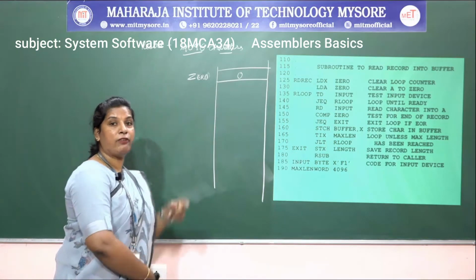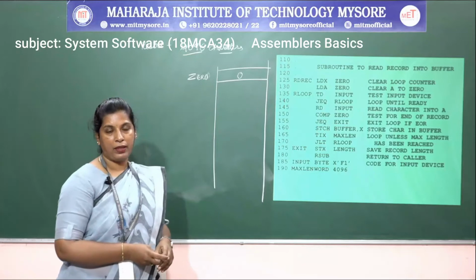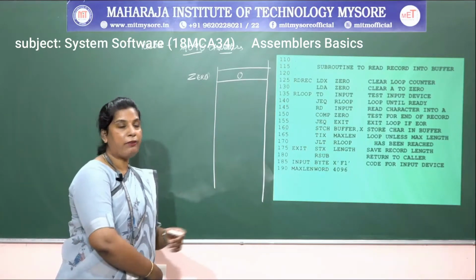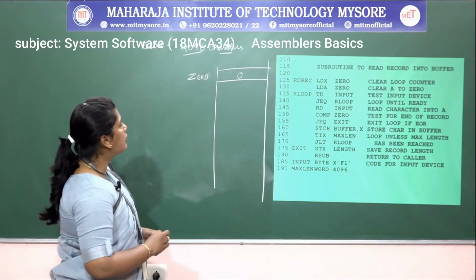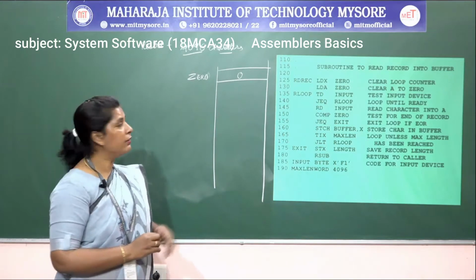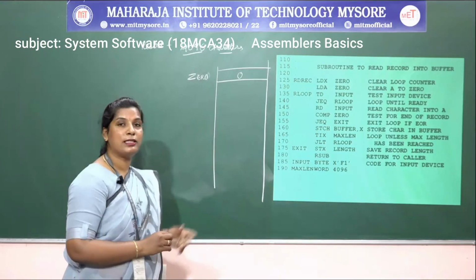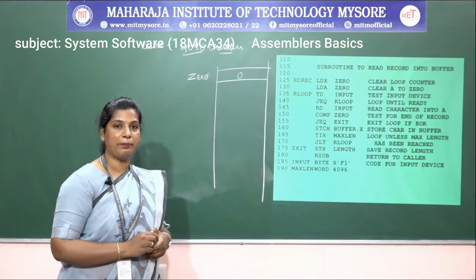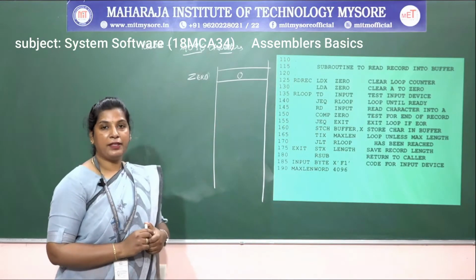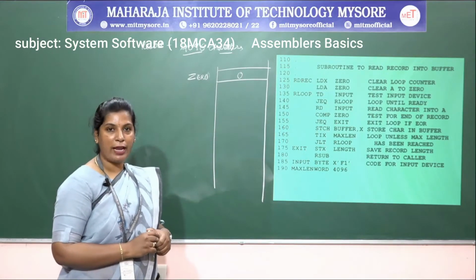Each character requires 1 byte of space. So for 4096 characters, we are representing all of these in hexadecimal representation. Everything should be converted into hexadecimal values.